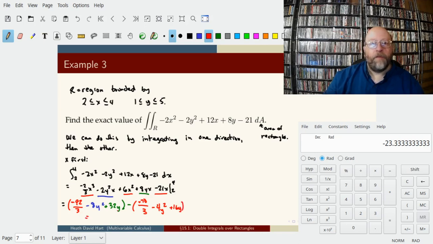So we have to subtract this out. Subtracting a negative 70 thirds is just adding 70 thirds. So we get negative 22 thirds. And subtracting negative 4y squared is adding 4y squared. So we have negative 4y squared. And then 32y minus 16y is plus 16y.